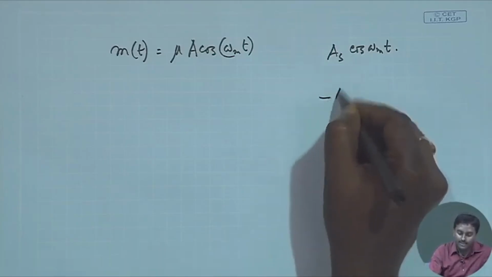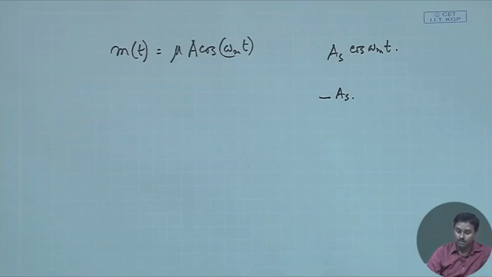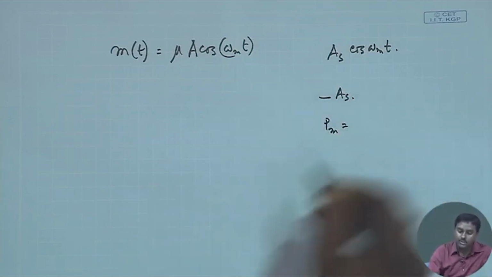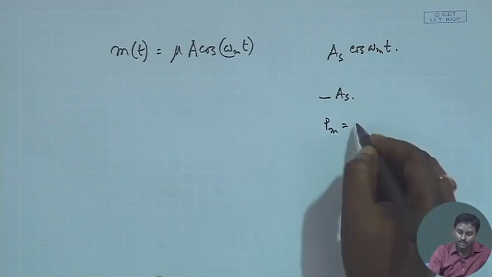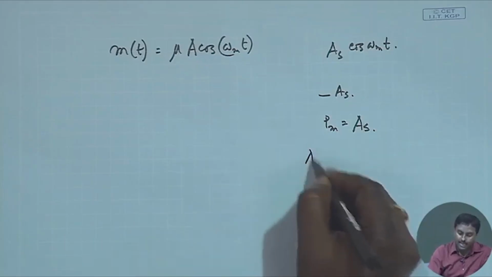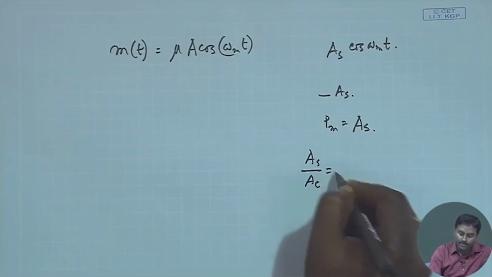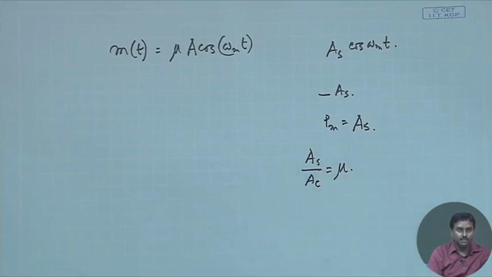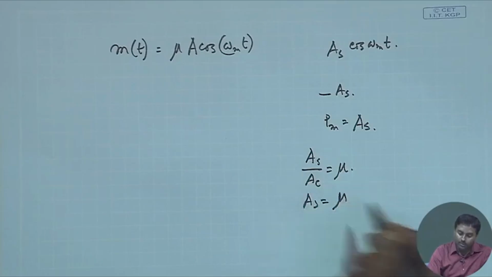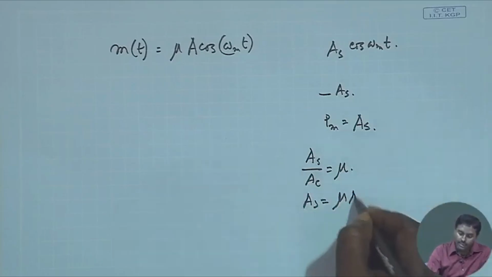It is minus AS. What is the minimum for this, which I was talking about? That must be AS. So, I should have my carrier signal AC, which means AS divided by AC must be my modulation index. Therefore, I can write AS as mu, whatever modulation index I am employing, into AC.